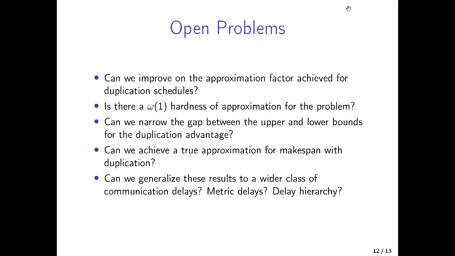So you can view each job as a set of its predecessors. You're given a bunch of sets of elements, and each set consists of an element and all the other elements that are predecessors of that element.